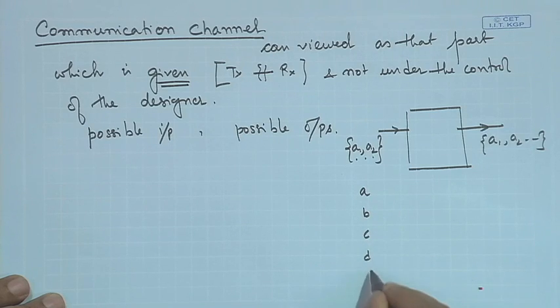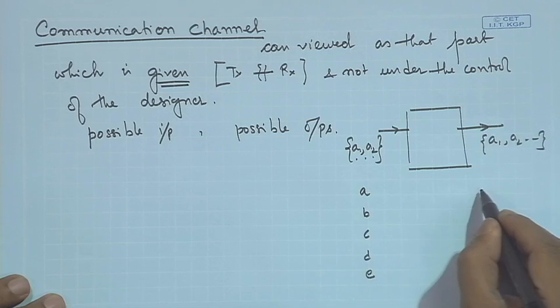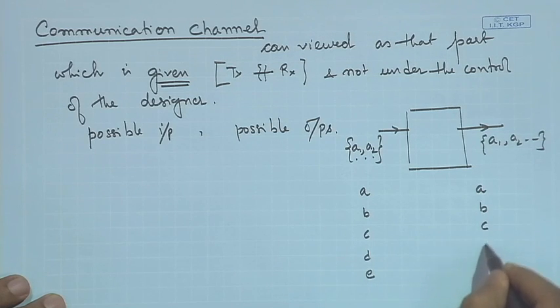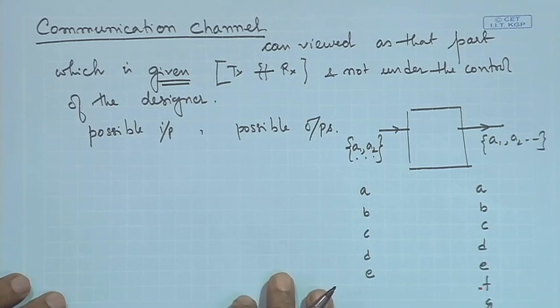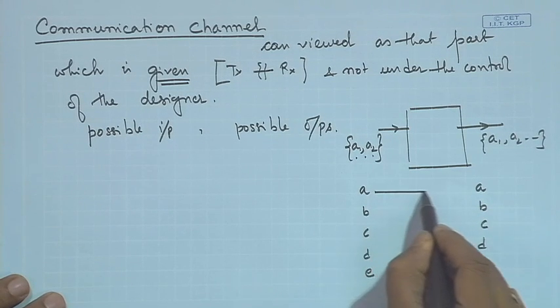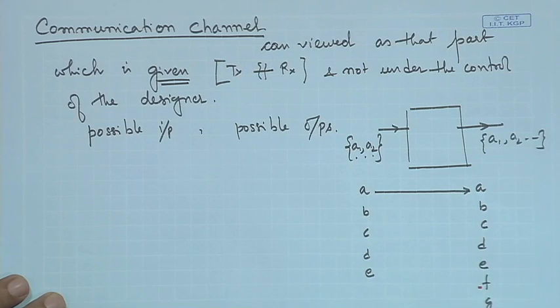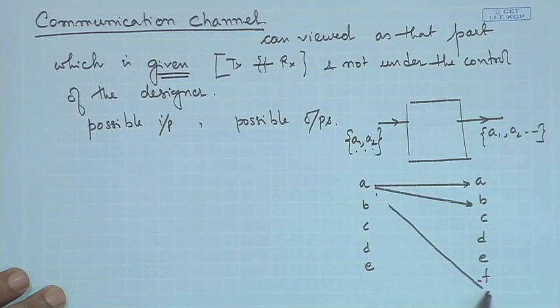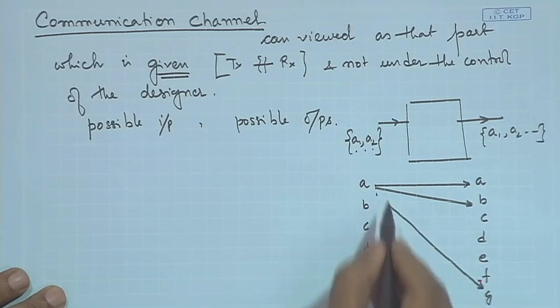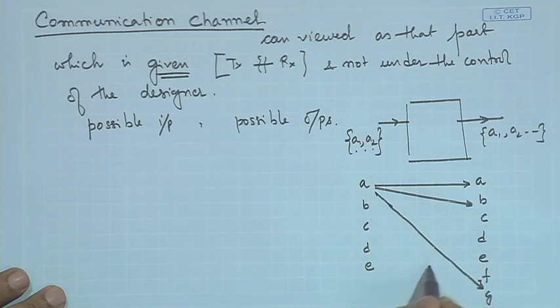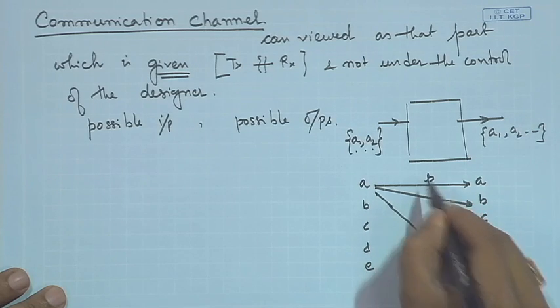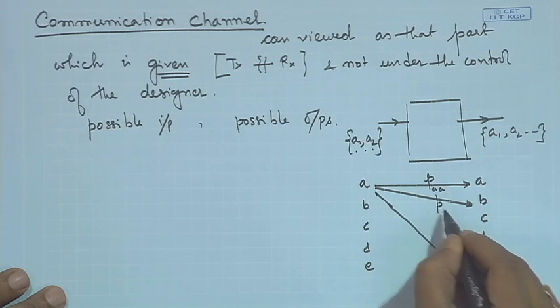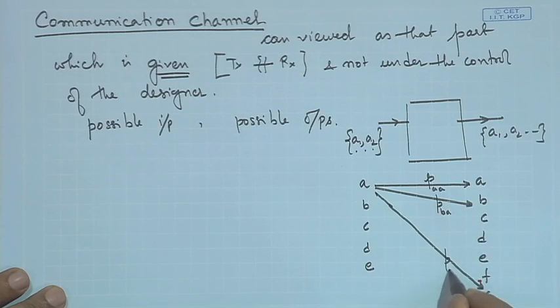For example, I may have A, B, C, D, E as possible inputs, and I could also have A, B, C, D, E, F, G as possible outputs. So, what it means is that A can become A, A can become B, A can become G. This could be the set. Now, this changeover could be assigned certain probabilities P_AA, P_BA, P_GA.